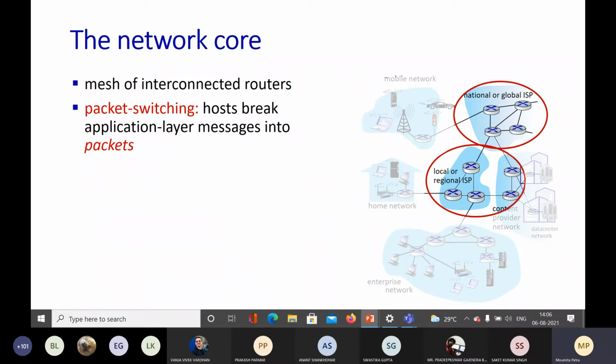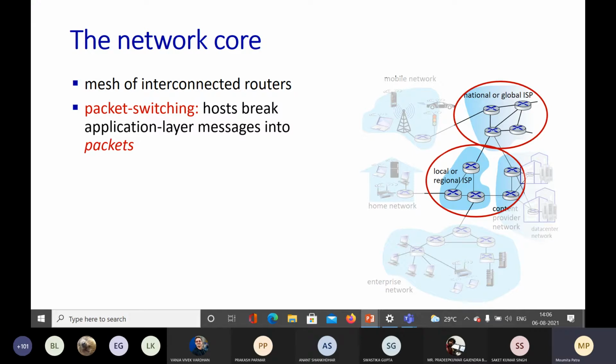Now, how should we transfer data from one point to another? That is, if routers are connected with each other, how do I transfer data from one router to another in this network core? We have already studied a little bit about packets. A packet is nothing but a chunk of data that is used to transmit the information.